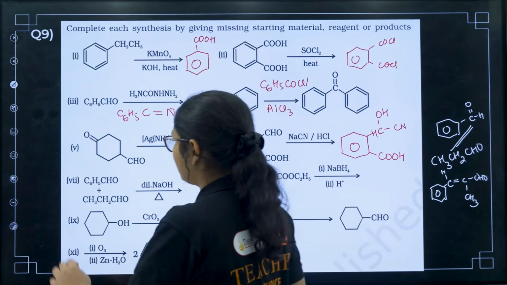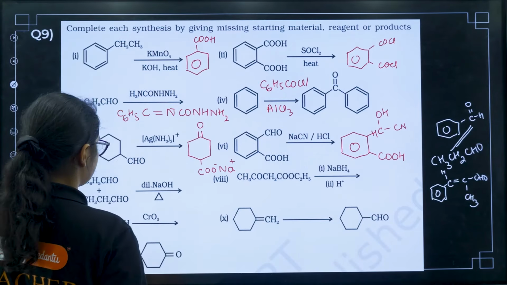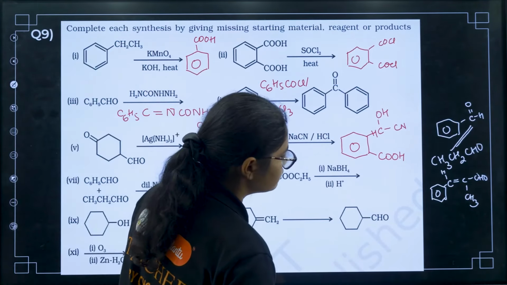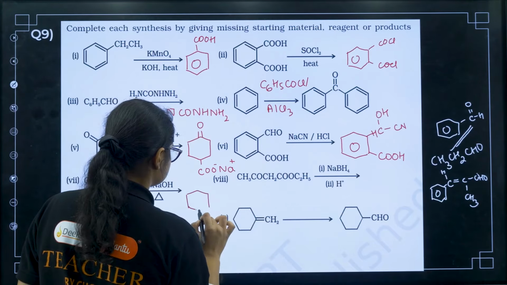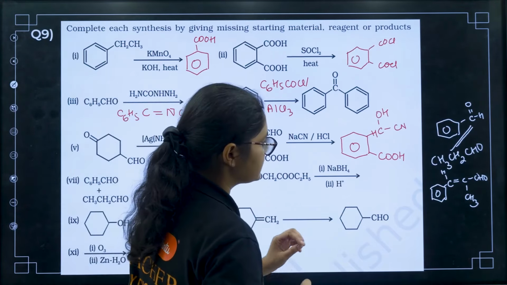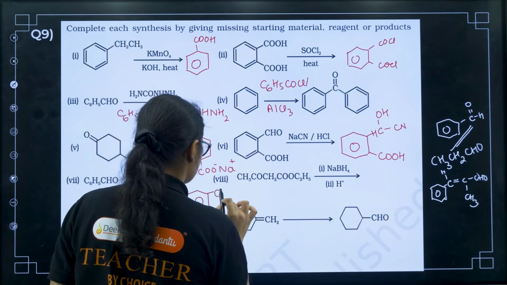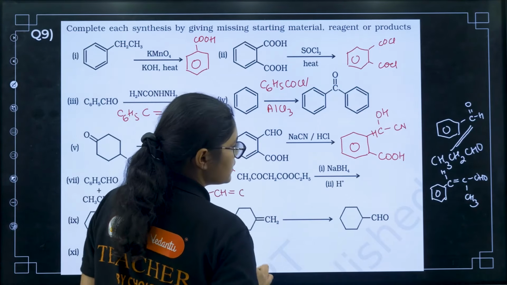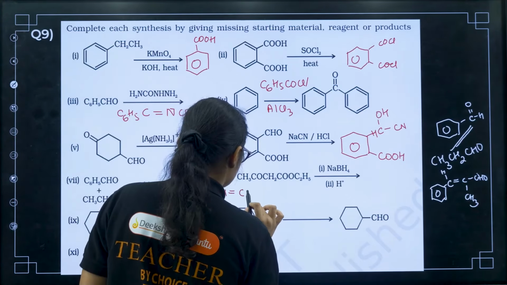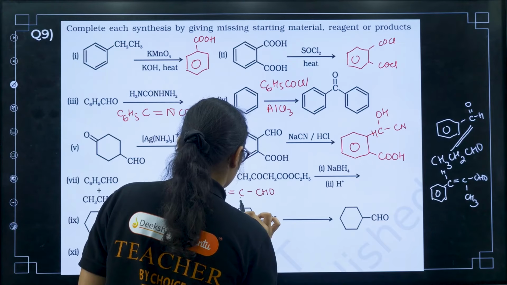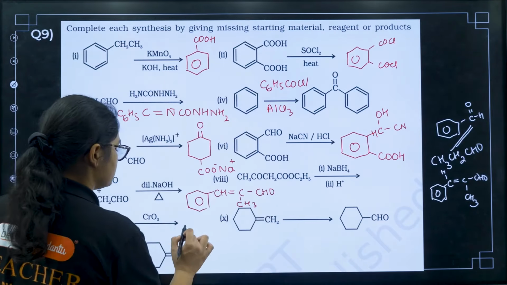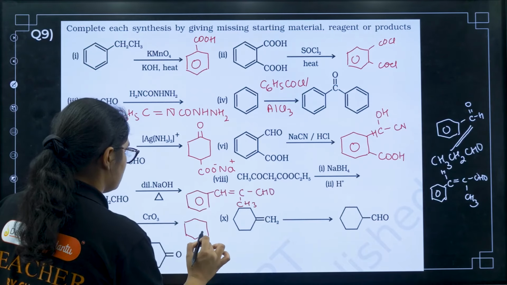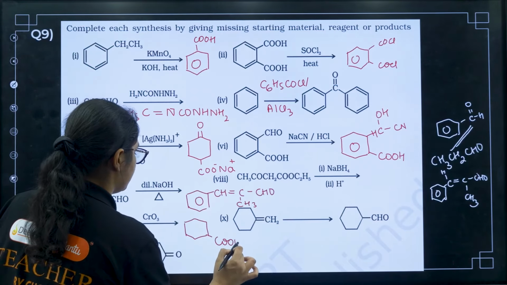Okay, so what I will get here, the product, you have benzene, okay, next we have CH double bond CHO and CH3. Okay, next CrO3, this one will also oxidize this one, we will get COOH.